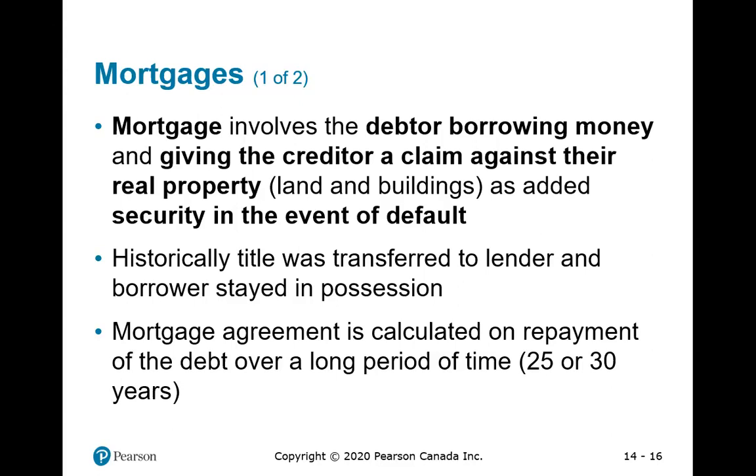They will actually have a claim over the title, over the property you are buying. So they will use the real property as security, as collateral. If you default on payment of the mortgage, they will get the property themselves, sell it, and recover their losses.